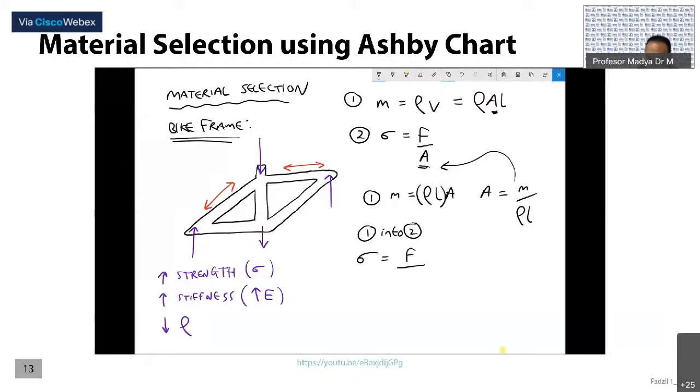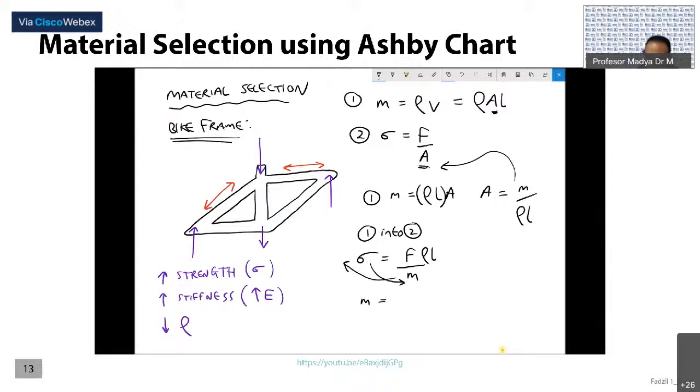Well, if area is going on the bottom, or M over rho L is going on the bottom, then M will go on the bottom and rho L will actually go on the top. But if you recall, we said that we wanted to minimize the mass. So what I'm going to do is rearrange that now to get mass on its own. And the way I do that is by multiplying each side by M and then dividing each side by sigma.